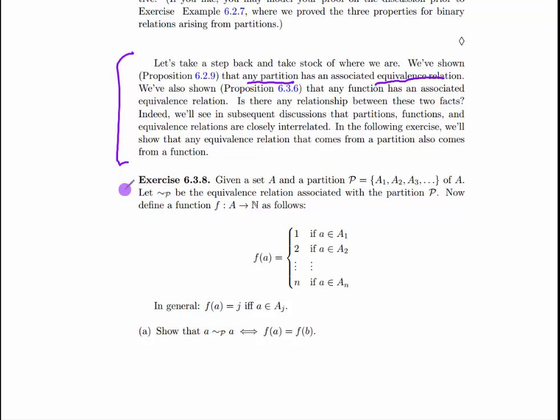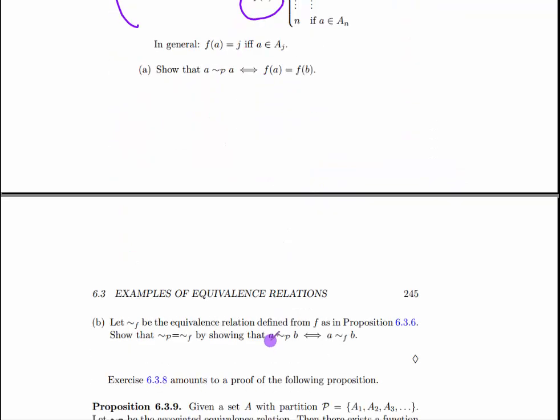Here what you're going to show is that if you have a partition, then you can create a function so that the relation derived from the partition is exactly the same as the relation derived from the function.